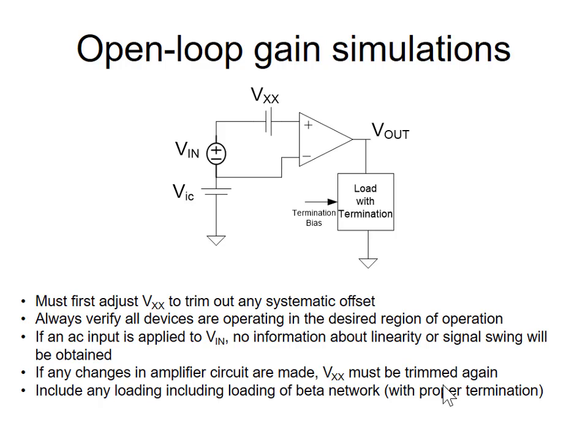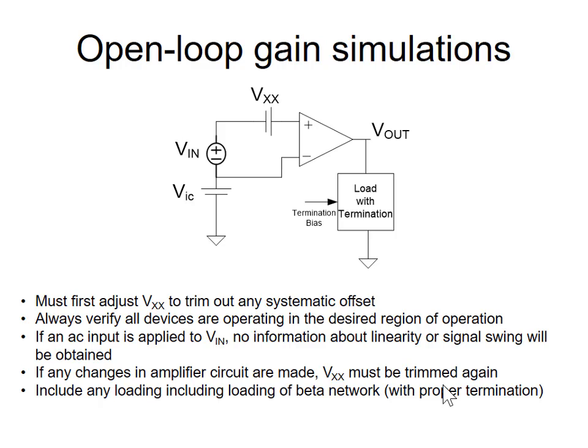And then we terminate the output of the amplifier with the load. And the load would include the beta network. Include any loading, including the loading of the beta network.